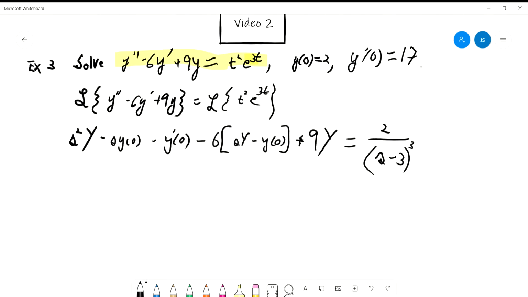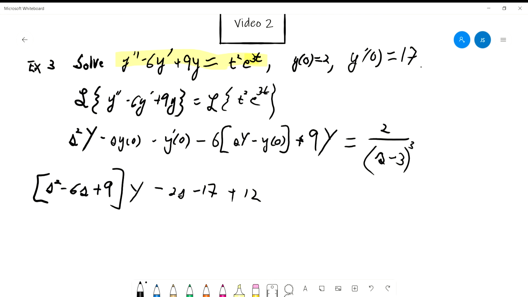Okay, let's distribute on the left-hand side and then group the terms with the Y in them and then factor out the capital Y, and we're left with (s squared minus 6s plus 9) times capital Y, minus s times y of 0. y of 0 is 2, so that's minus 2s, minus y prime of 0, minus 17, plus 6 times y of 0, which is 6 times 2, 12.